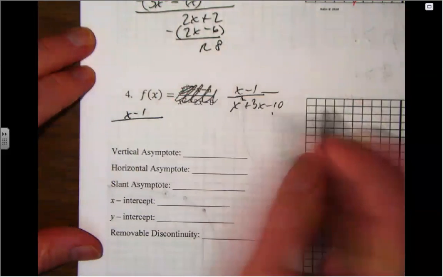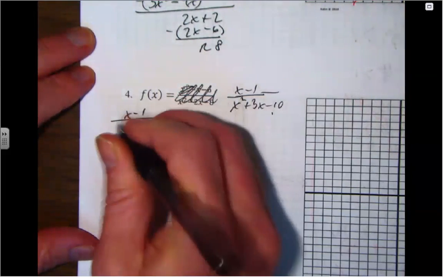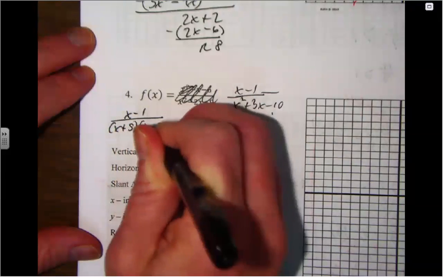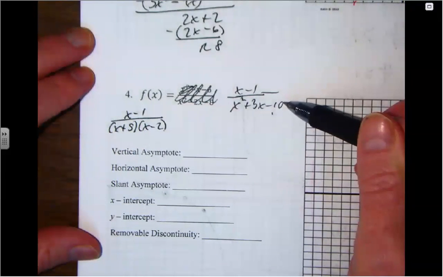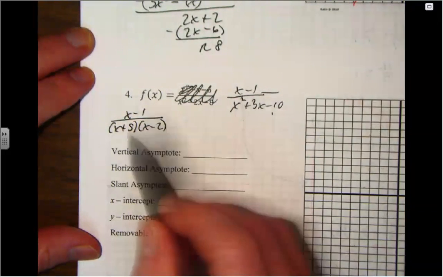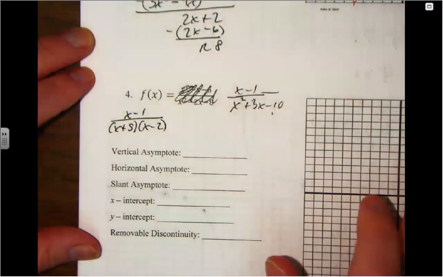Factor the bottom. X minus 1 over x plus 5, x minus 2 to get that. Nothing cancels. So that's it.